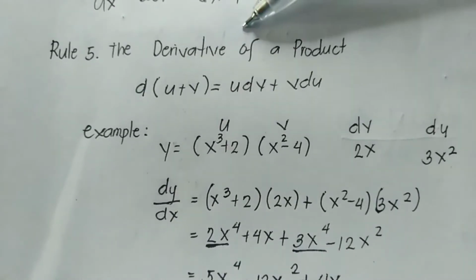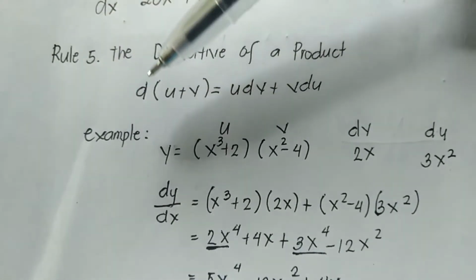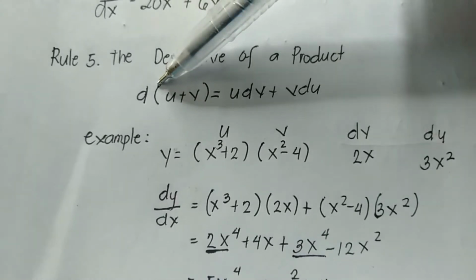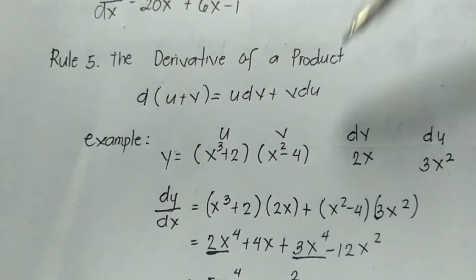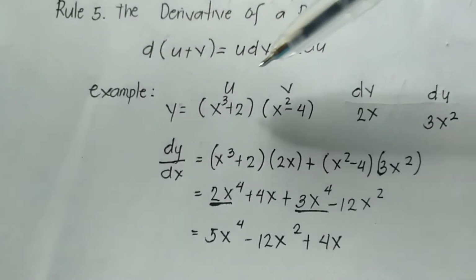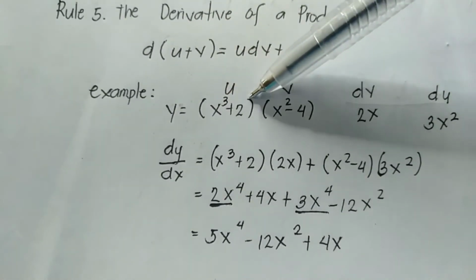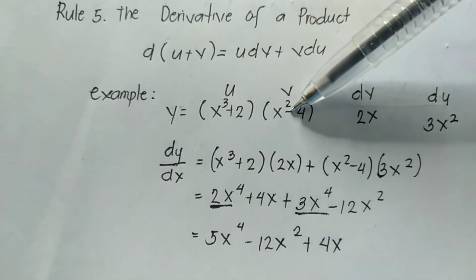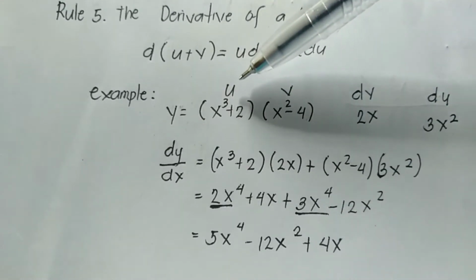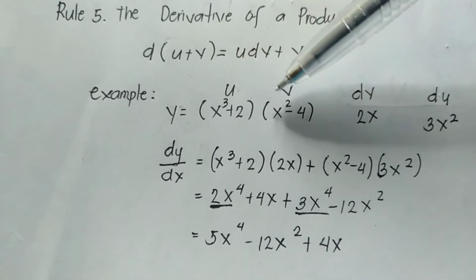Then the derivative of a product, the 5th rule. The derivative of u times v is equal to u dv plus v du. For example, y is equal to x cubed plus 2 times x squared minus 4. So assign the u and the v.